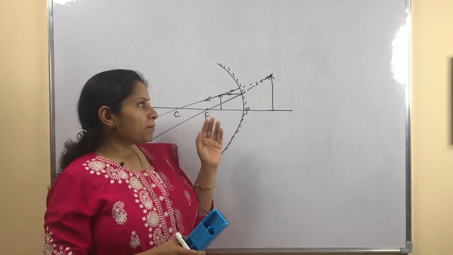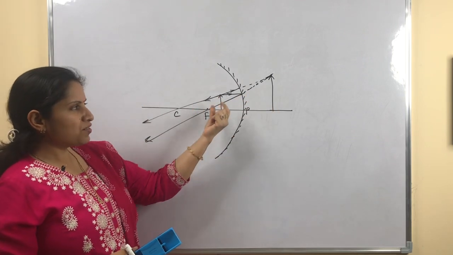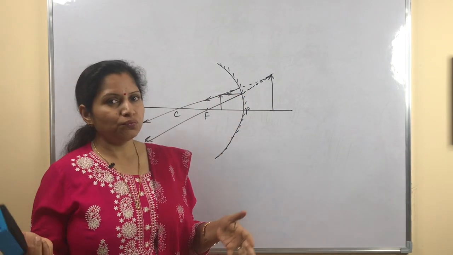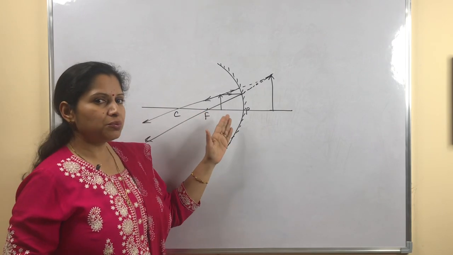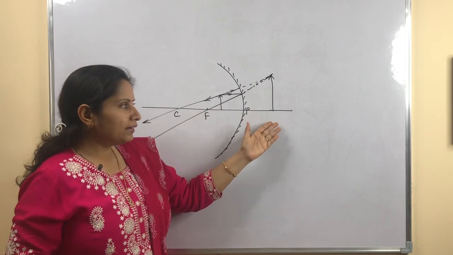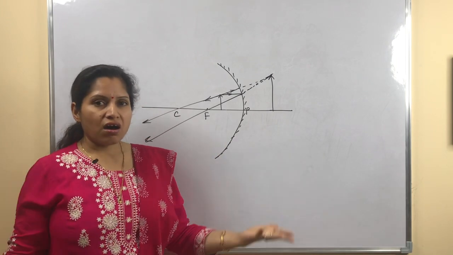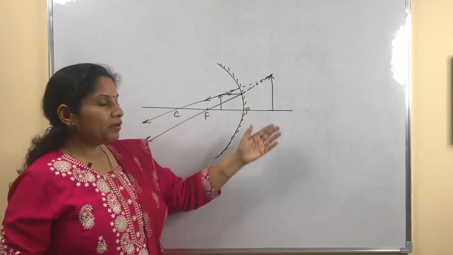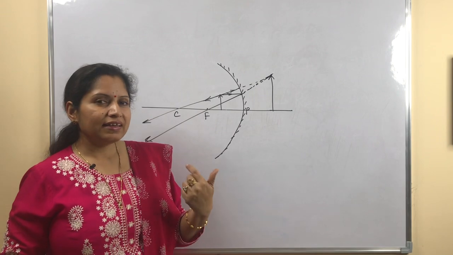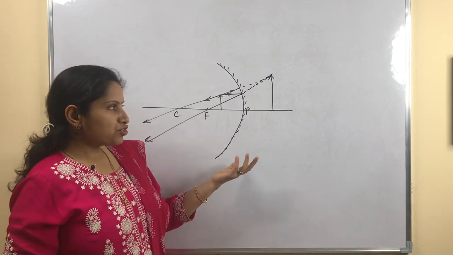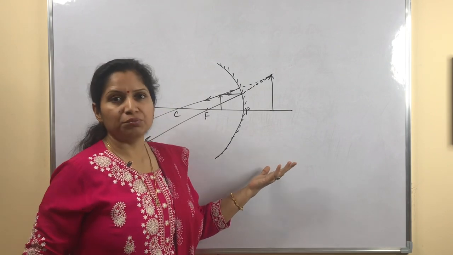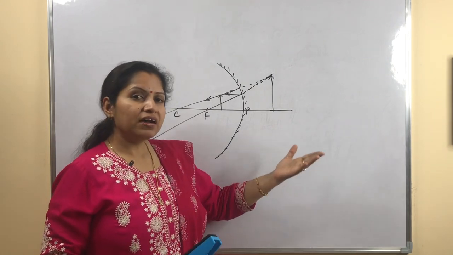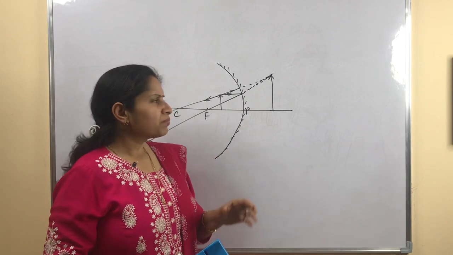Okay, but in this condition the size of the image is bigger than the size of the object. So when the object is placed very close to the mirror between focus and pole, then the image will be enlarged. The image will be virtual, erect, and the position of the image is on the same side. We call it behind the mirror. The image is formed behind the mirror.